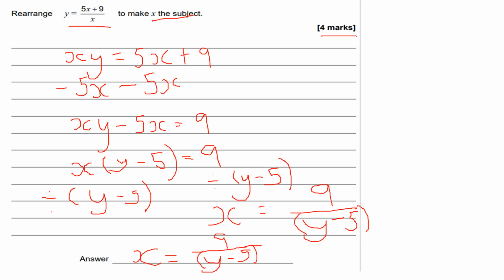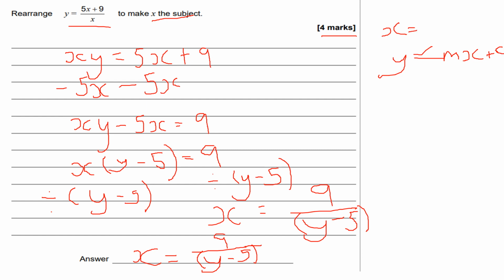So this one is higher tier explicitly, and it's looking at rearranging formulae where the subject appears twice. The one that is a bit lower level, if it's in the form y is equal to mx plus c, let's say, and it asks for x to be the subject, those sort of questions would appear on a foundation paper.